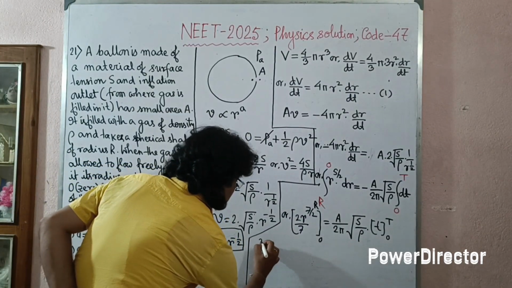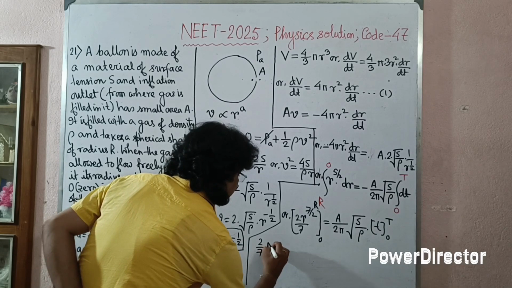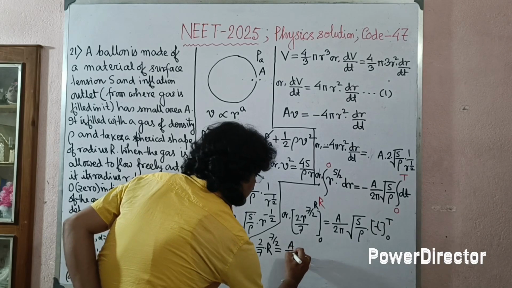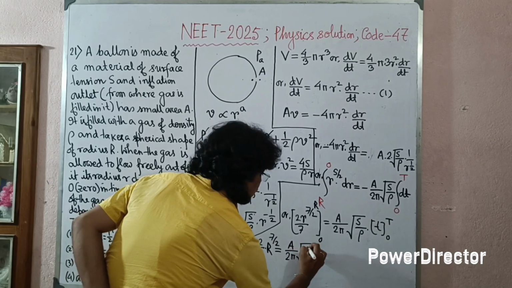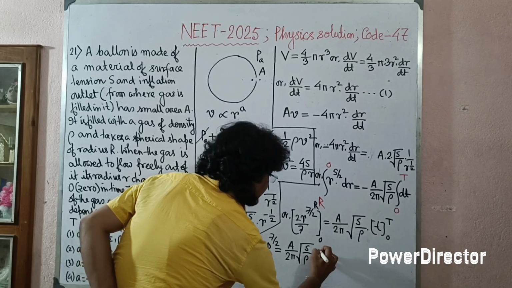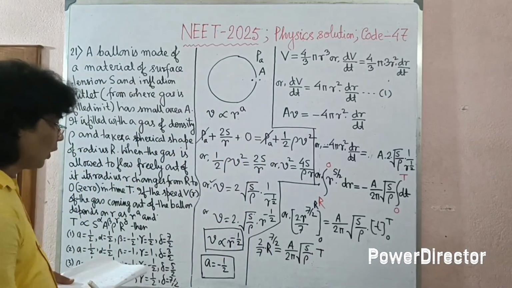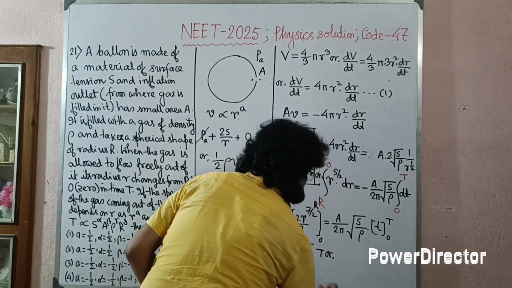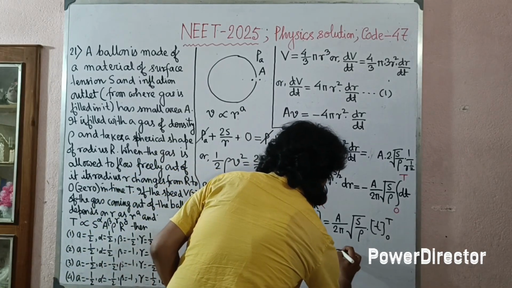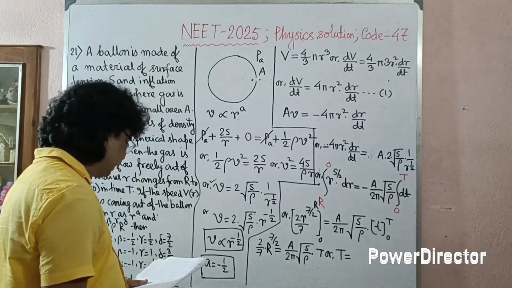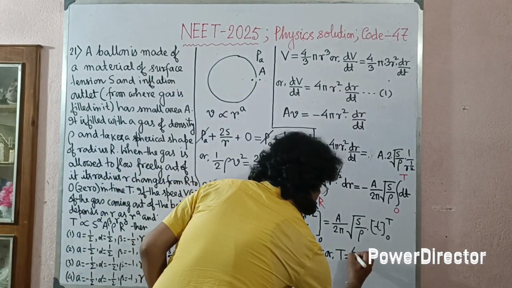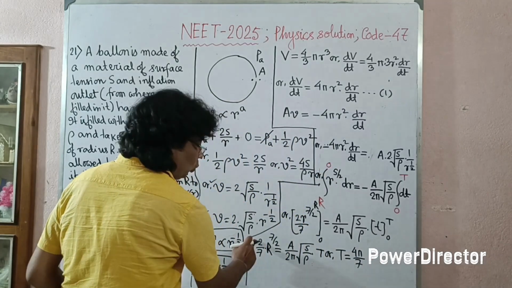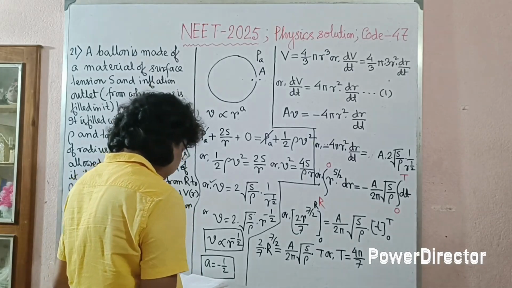Now 2 by 7, capital R to the power 7 by 2, a by 2 pi root s by rho into capital T. Now look, capital T equal to 4 pi by 7, 2 pi into 2, 4 pi by 7.